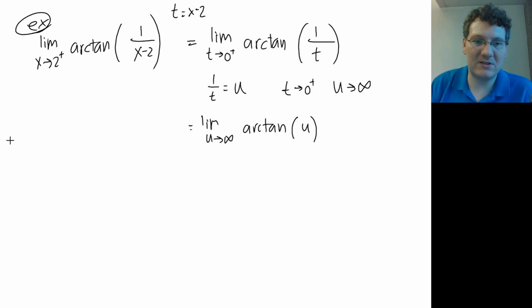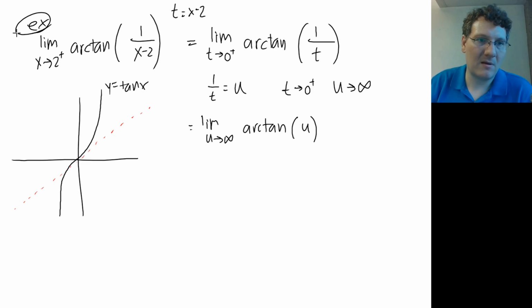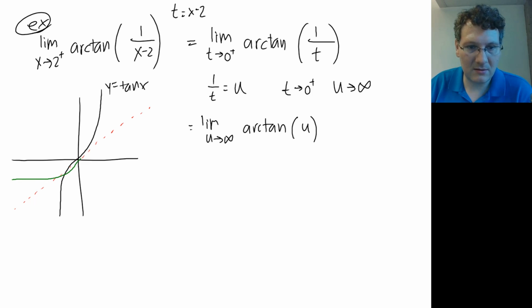It's probably helpful to just think about what the arctangent looks like. The tangent function looks like this. If we reflect this over the diagonal, then you can see the arctangent, this is y equals arctangent of x.